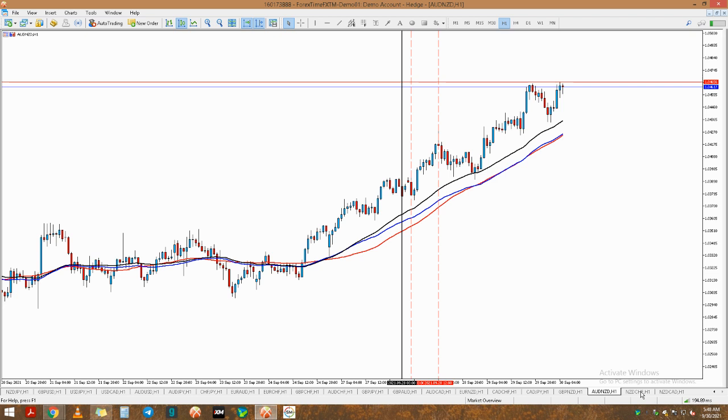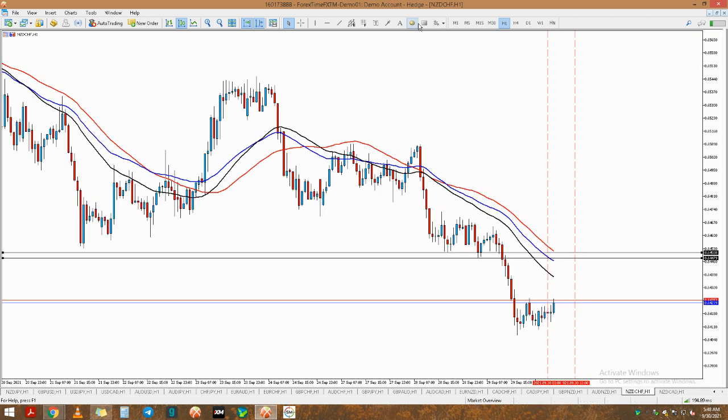We have NZD CHF. NZD CHF, yes, could be a darling. So we have this level here. We already have a strong push downwards, and now we are getting a retracement up there. Possibly this level might hold, and it might give us another push downward.